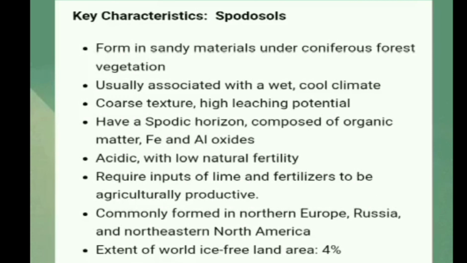Acidic with low natural fertility. Require inputs of lime and fertilizer to be agriculturally productive. Commonly formed in northern Europe, Russia, and northeastern North America. Extent of world ice-free land area is 4%.